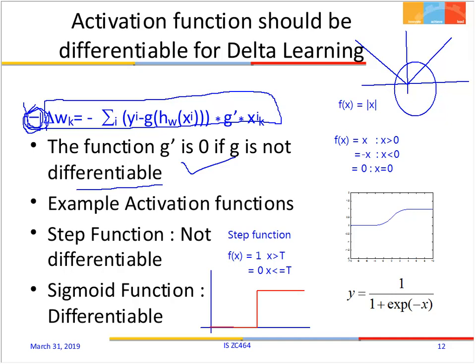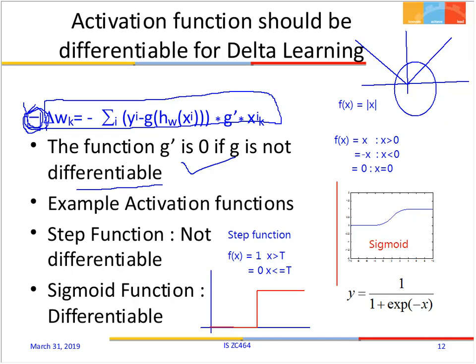Yes? Right, so there it is a function which is having a shape like this. You can look at the function which I have drawn on the right of the slide. It is known as the sigmoid function, and it is differentiable at all the points.